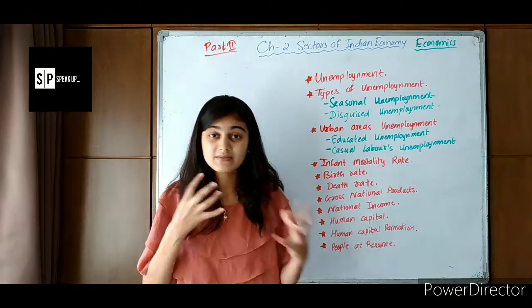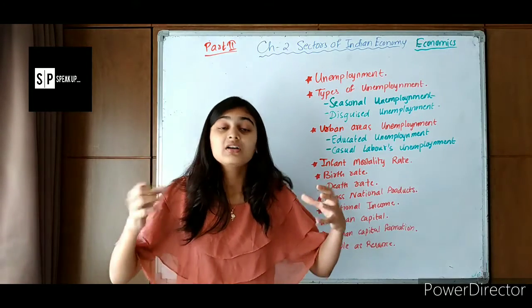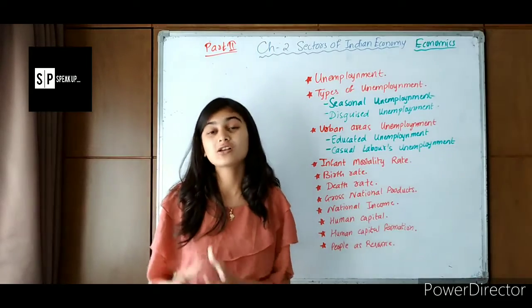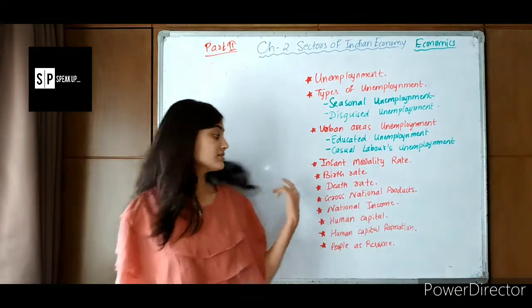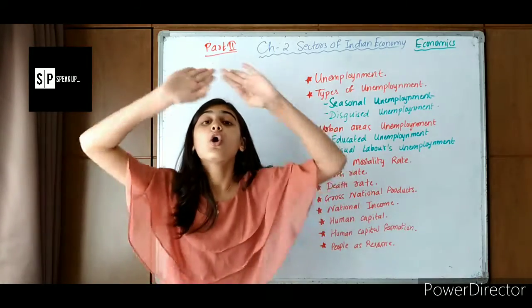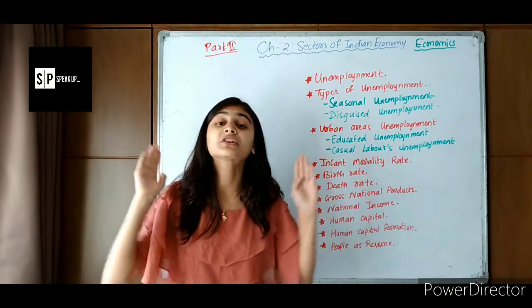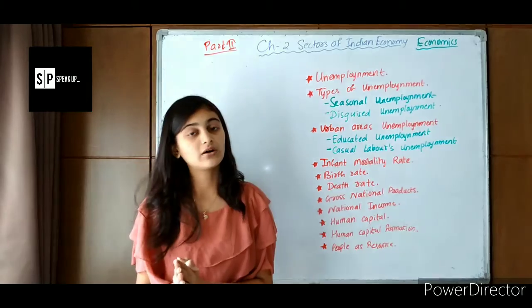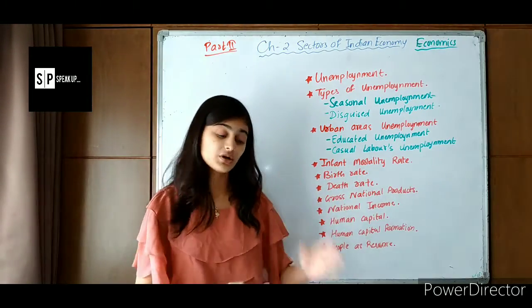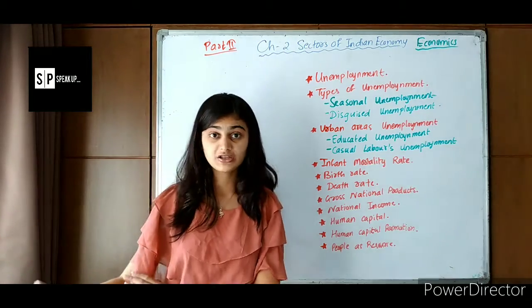That estimation of the capability of the country to produce is known as the gross national product. Then comes national income. National income is the estimation of the whole country's income including export and import. So this is the basic difference between gross national product and national income.